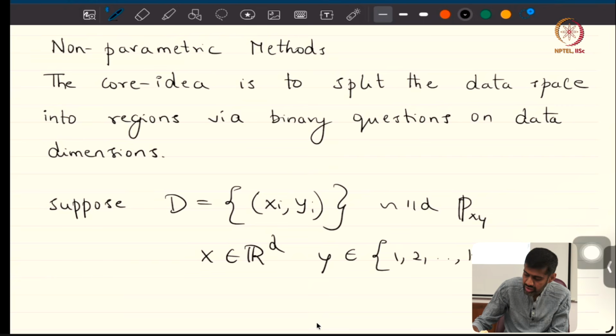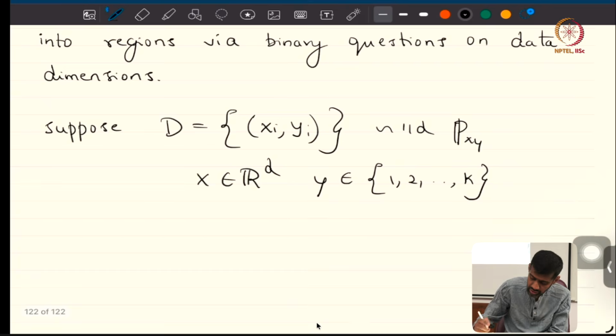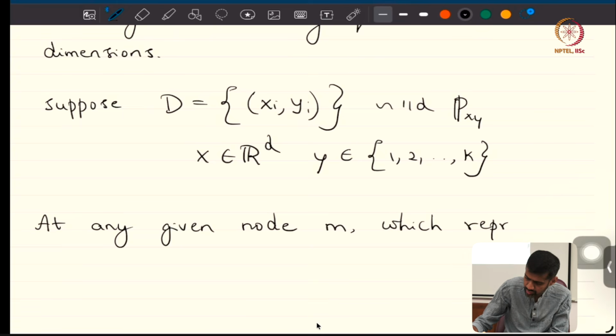We will discuss the regression problems in a while. So, we have classification problems. At any given node m, which represents a region R_m.